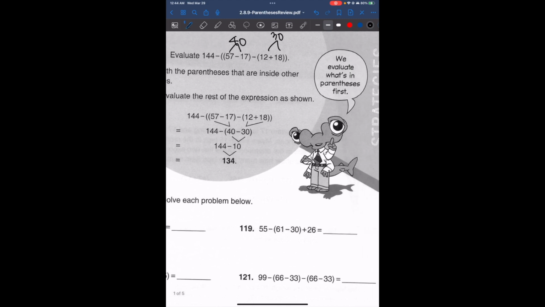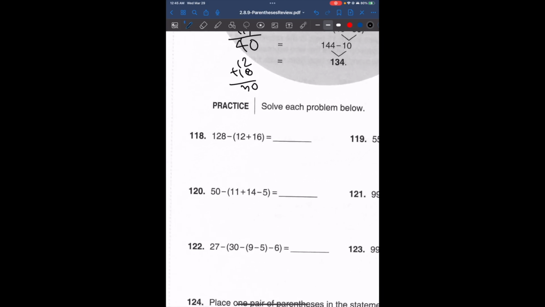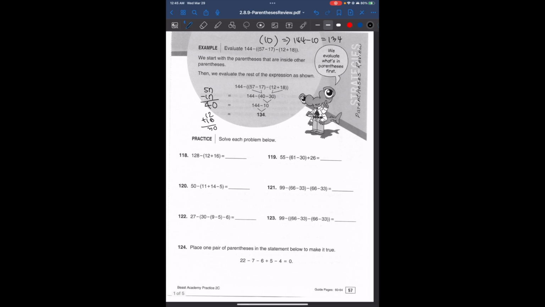And so we have 40 minus 30, and 40 minus 30 is 10. So the 10 is inside the big parentheses. Basically we have 144 minus 10, so that's 134.